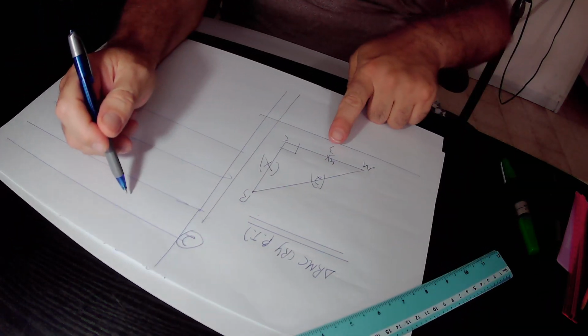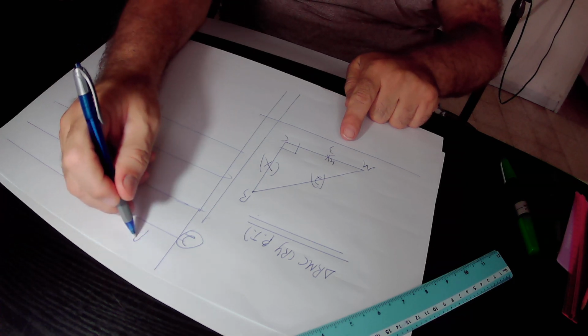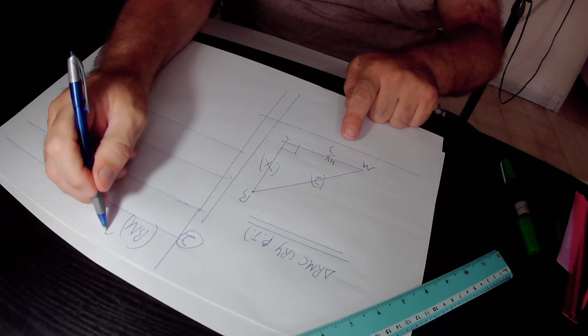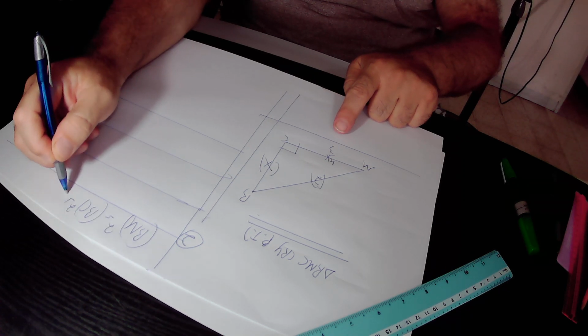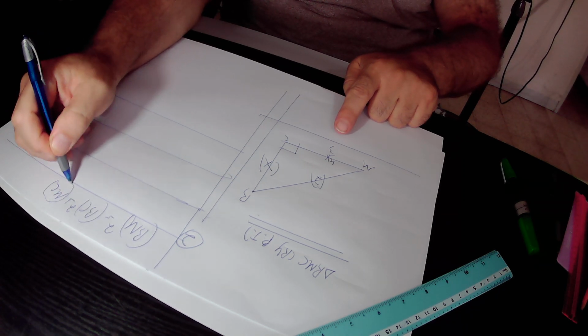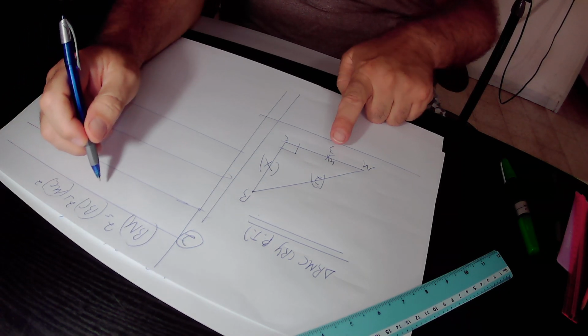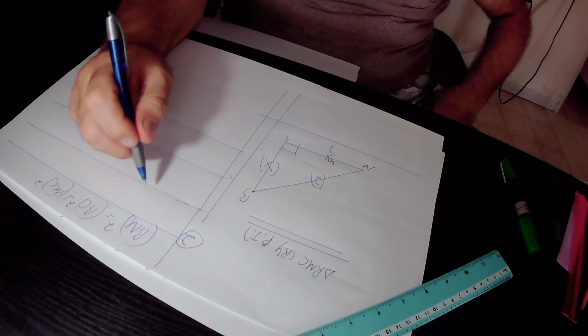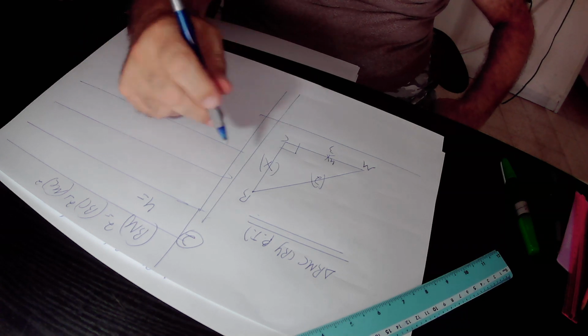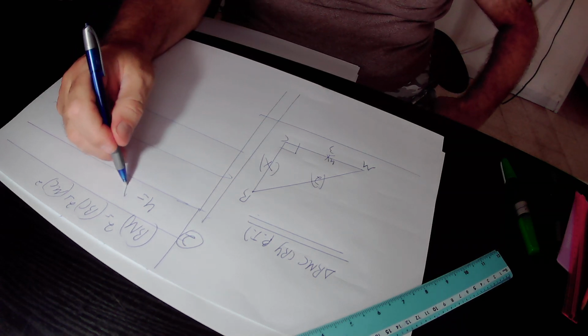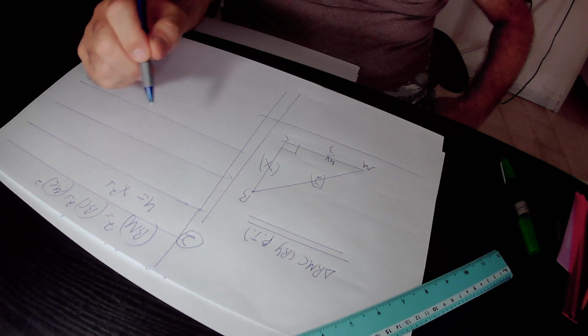BM squared is equal to BC squared plus MC squared. BM is 2, therefore BM squared is 2 squared, that is 4. And it equals BC squared. BC is x, therefore BC squared is x squared, plus MC squared.